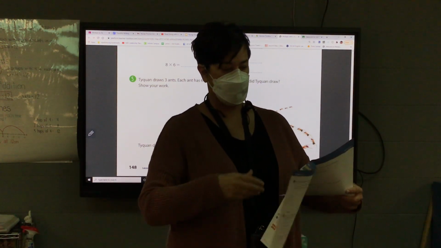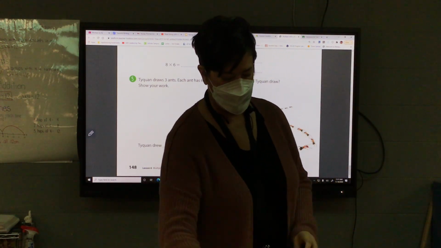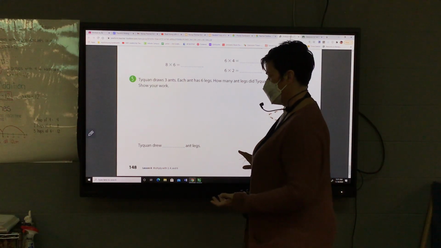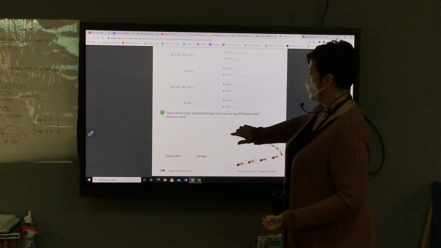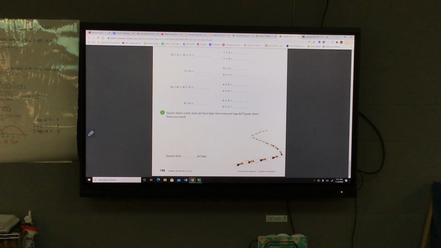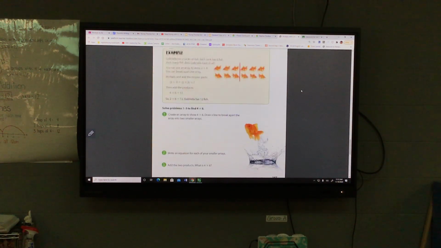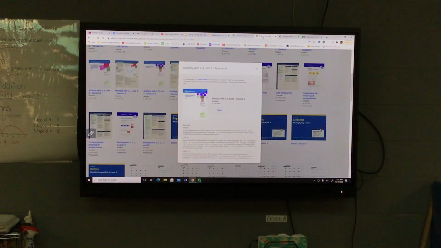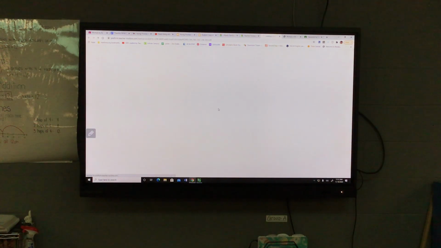Looking at page 149, this is just kind of a review of everything that we have. Let me go back here. It's just a review of everything we've been talking about so far in these few pages that we've done. Oh, because I need to open up a different one. Give me just a moment, please. There we go.